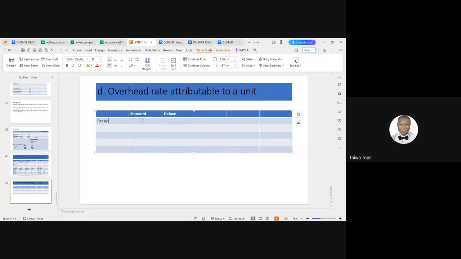It's 400. The cost driver rate computed is 400. So now 400 multiplied by the number of setups for standard will give us what? 9,600.